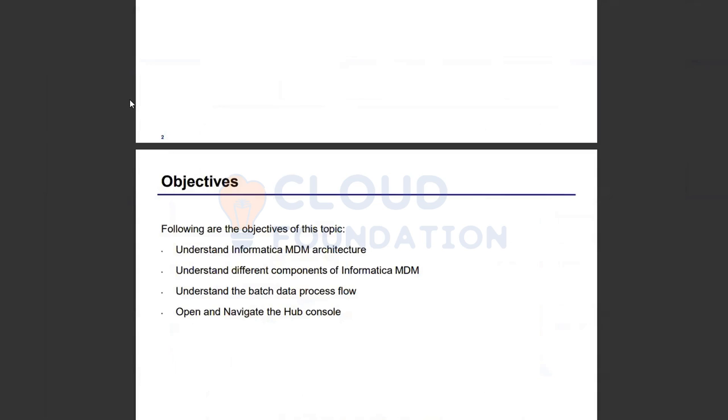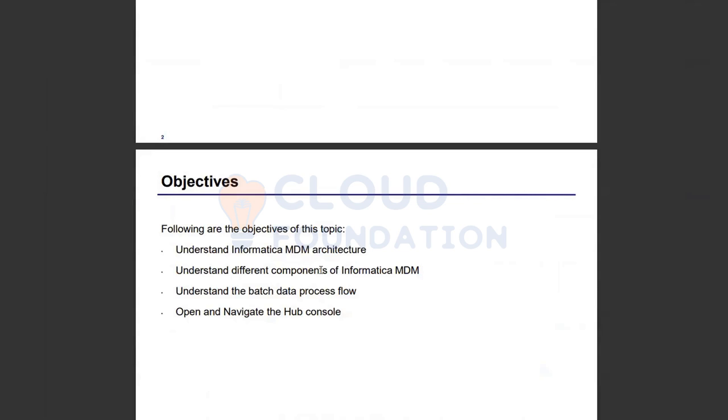Let's see all those things. The components of Informatica are three. The major components are three. First is Hub Console. Second is Provisioning Tool. And third is ActiveVOS.